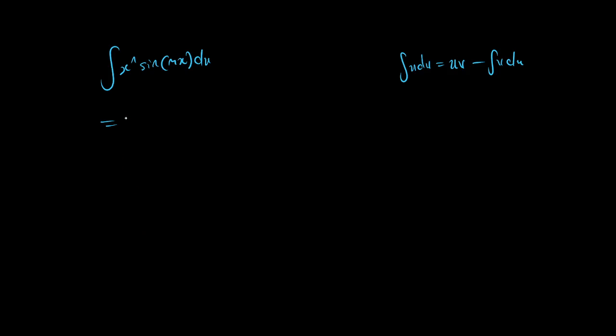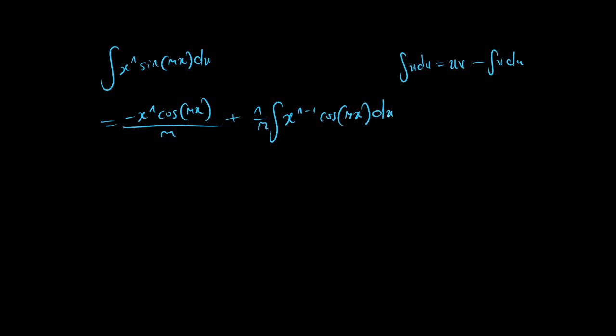So we're going to have negative x to the n cosine of mx all divided by m, plus the integral of, first of all, we have our n over m here, so that would be x to the n minus 1 times cosine of mx dx.